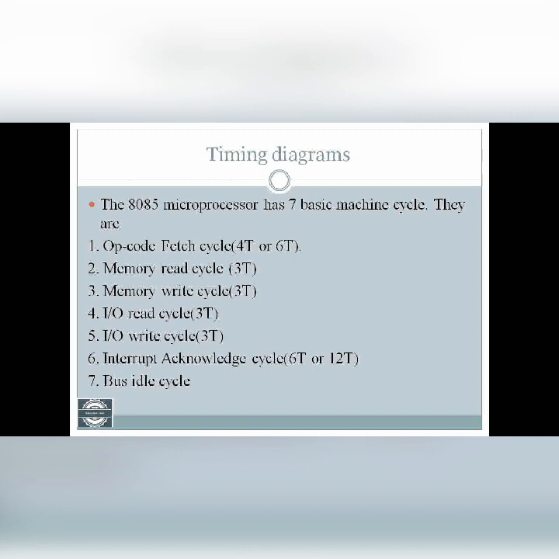These basic machine cycles are opcode fetch cycle, memory read cycle, memory write cycle, IO read cycle, IO write cycle, interrupt acknowledge cycle, bus idle cycle. These are the timing diagrams. I think you can get up to this much.